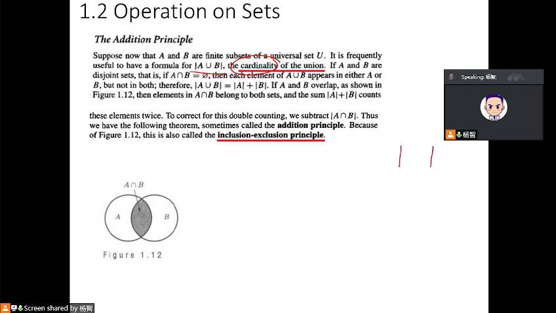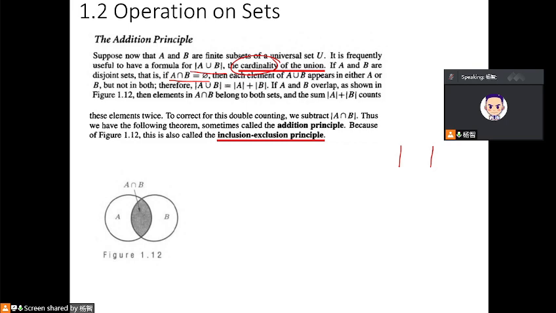If A and B are disjoint sets, it means there is no common element between these two sets. So the intersection of these two sets is empty.